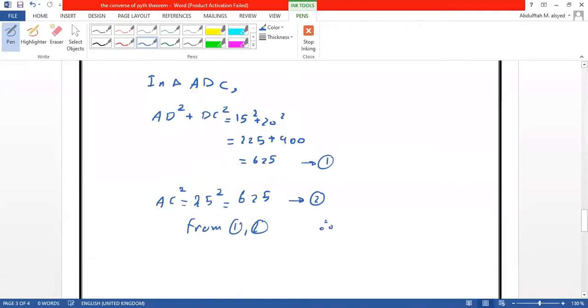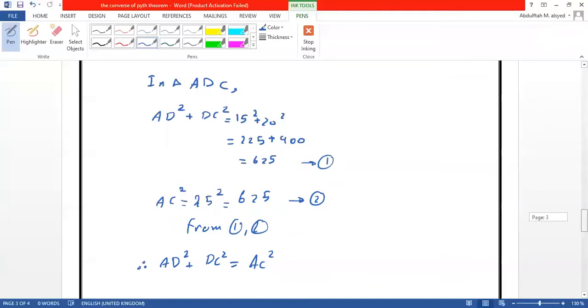then نقدر نقول AD squared plus DC squared equals AC squared.